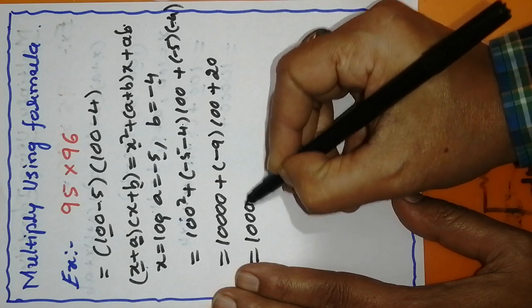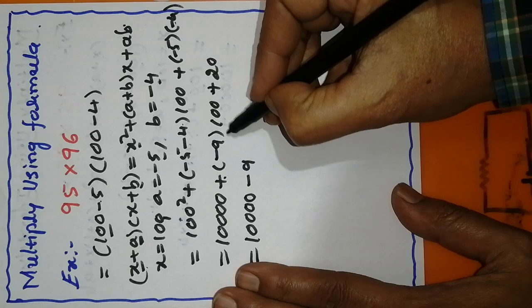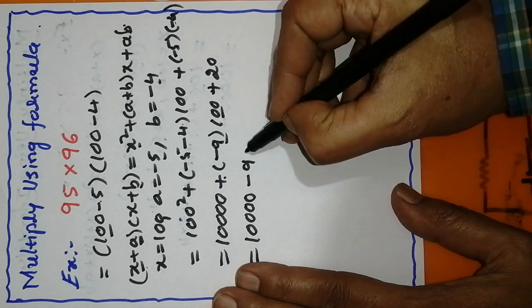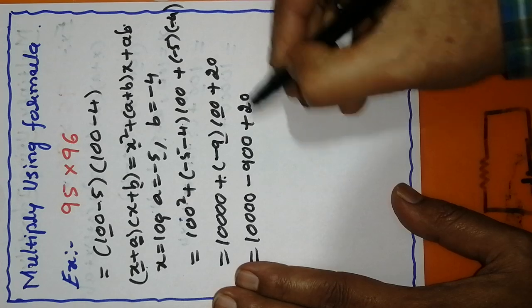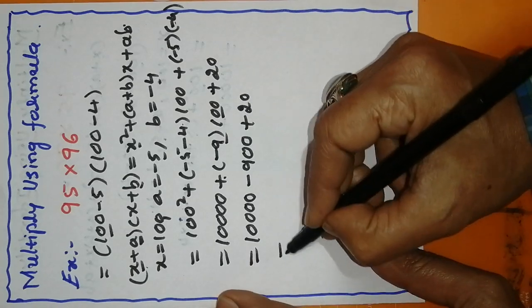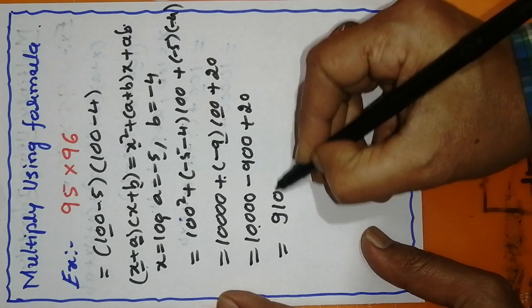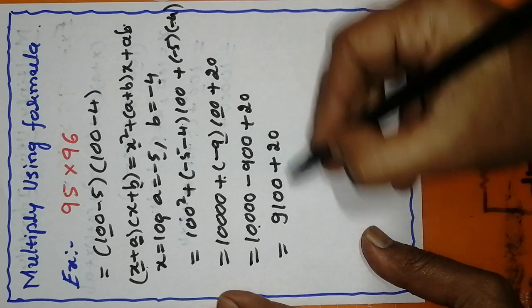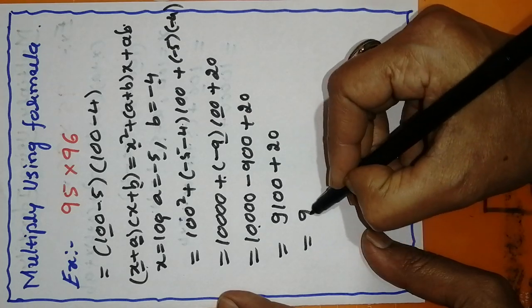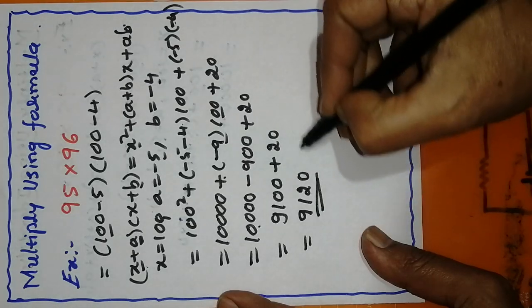So 10,000 minus 900 is 9,100, plus 20. Adding these two, 9,120 is the answer.